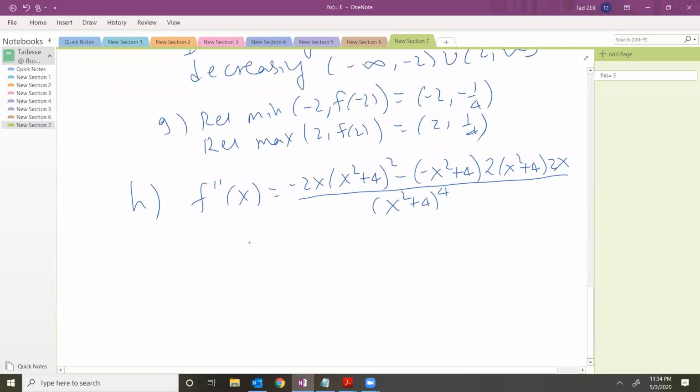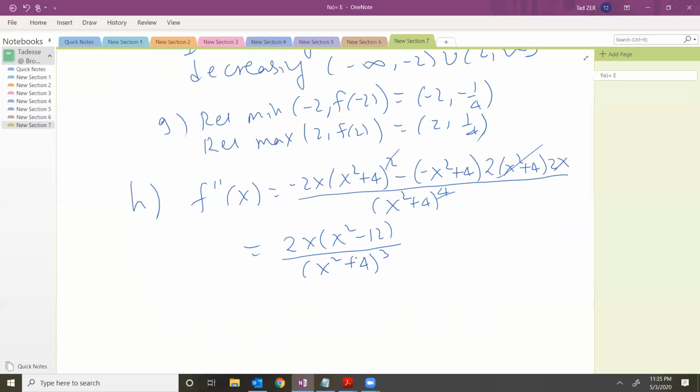Now what you need to do is just simplify and FOIL. You should come up with 2x times (x squared minus 12) divided by (x squared plus 4) cubed. Okay, so that should be the second derivative.